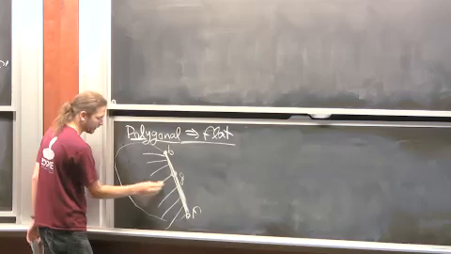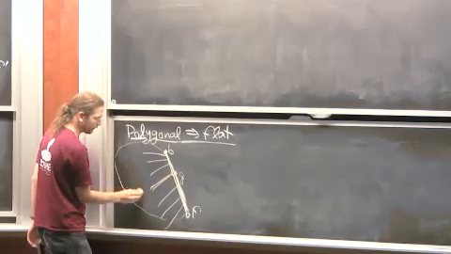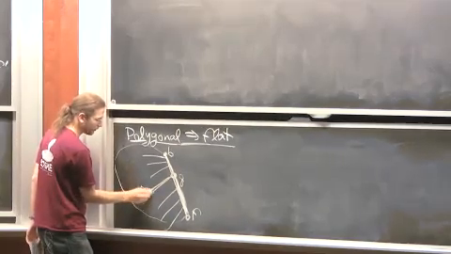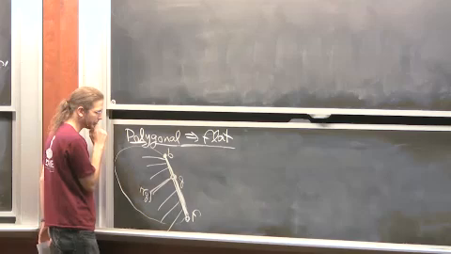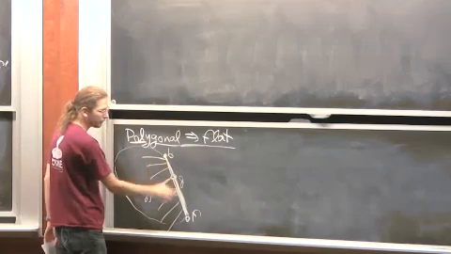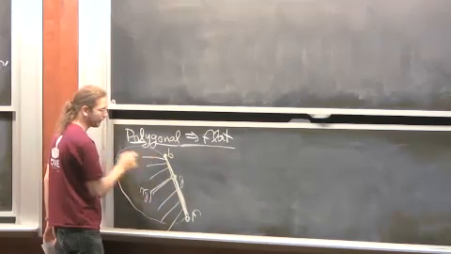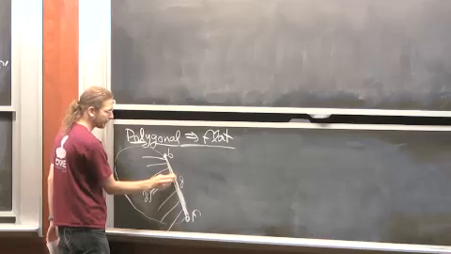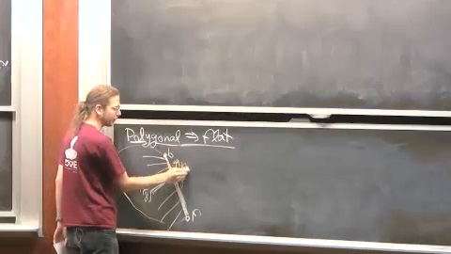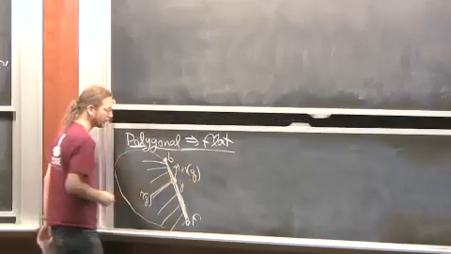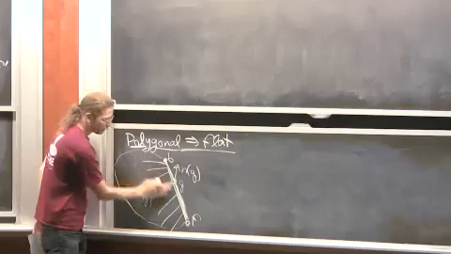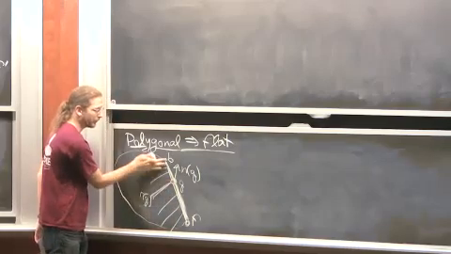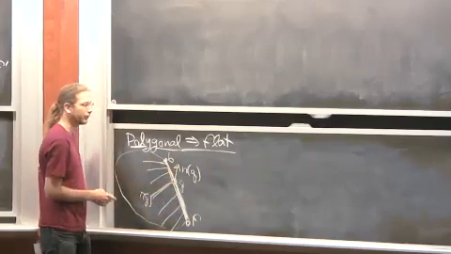I'm going to define this ruling to be R of Q, the rule line from Q. And so Q is an arbitrary point. It slides along this segment. And then we were interested in a normal vector here, which we called N of Q. That's normal to the surface at this point. And so as Q slides, N of Q changes.